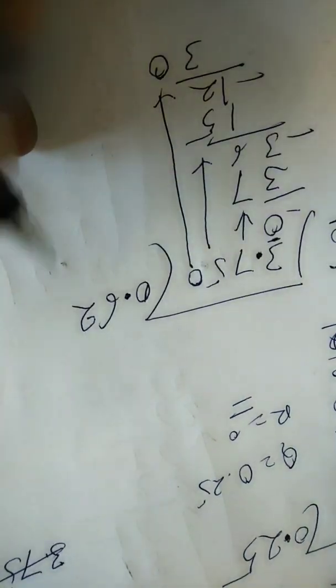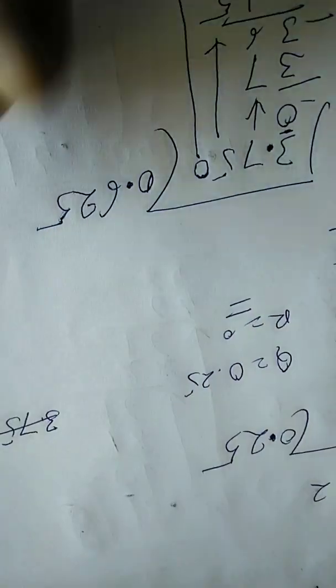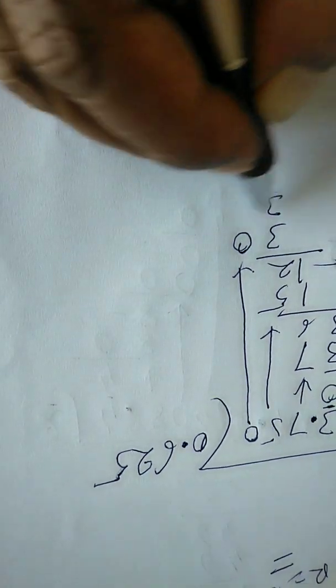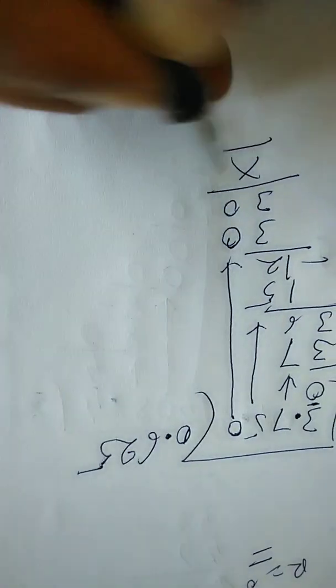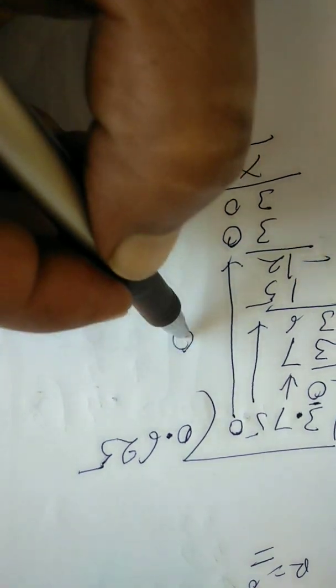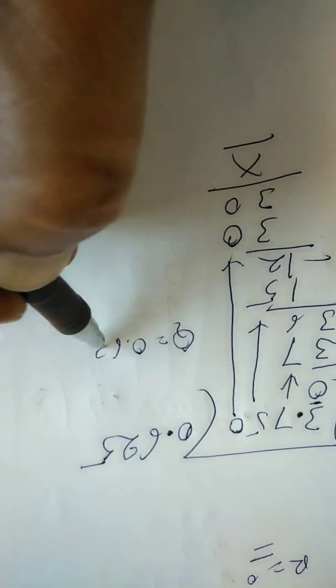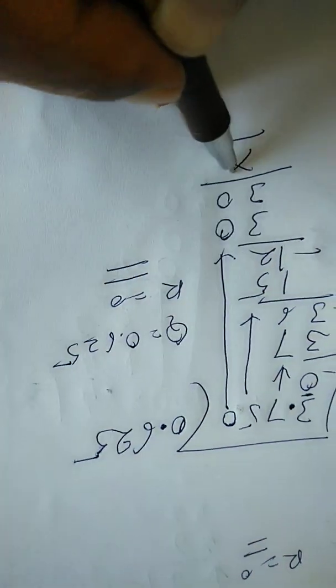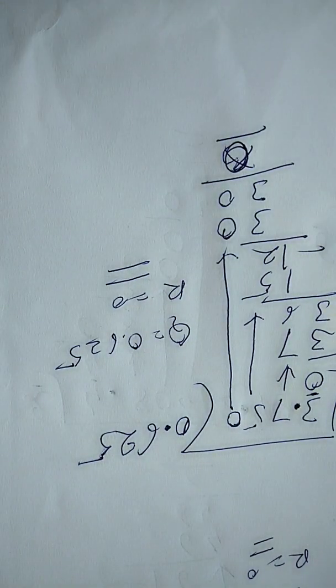Now it is 30. Now divide it by 6. 6 5s are the 30. So your quotient is 0.625. Remainder is 0.